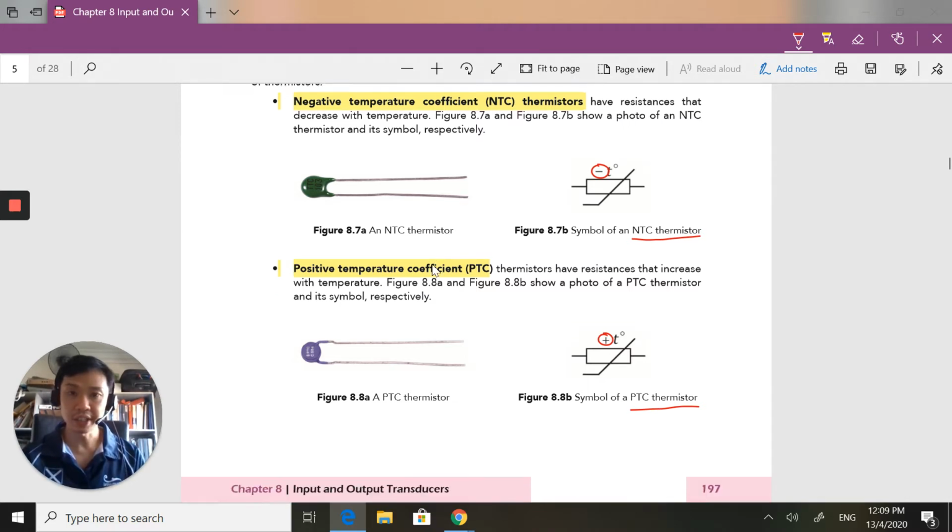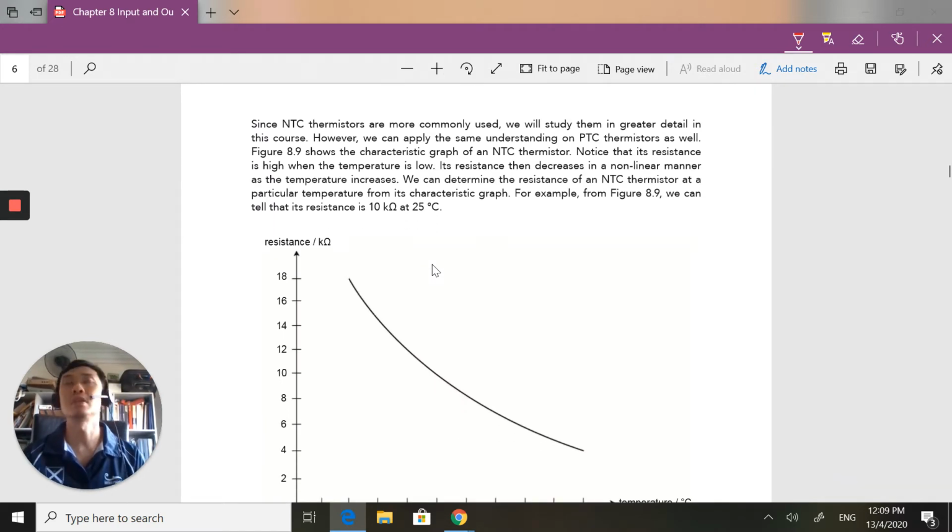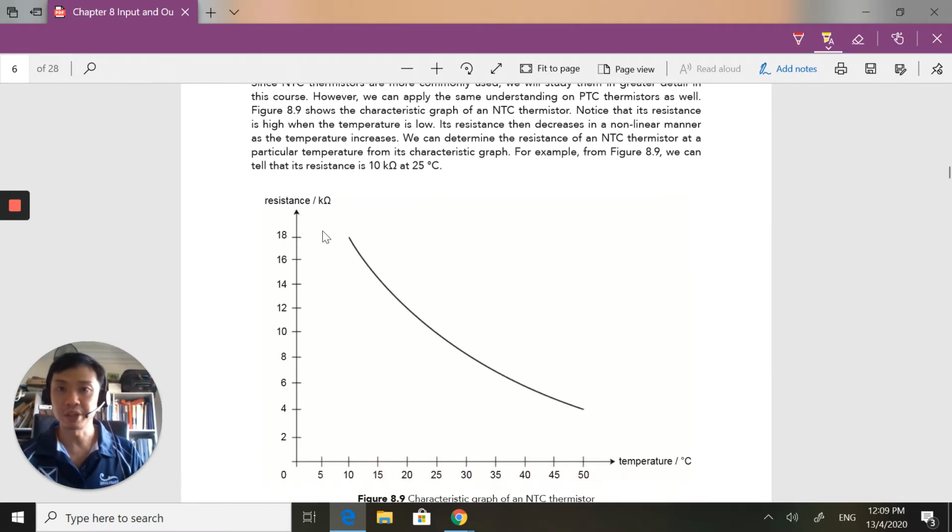And let's find out how they work. A lot of times you're going to be commonly using the NTC, so we'll talk about the NTC, but I'll also do a quick explanation for the PTC later on. For the NTC, this is the characteristics graph. You notice that when there's a low temperature, the resistance is very high.